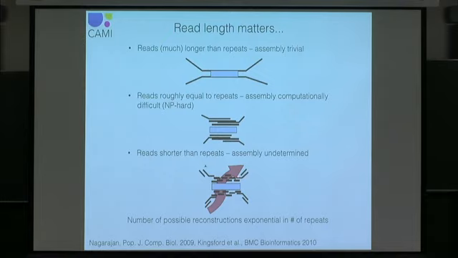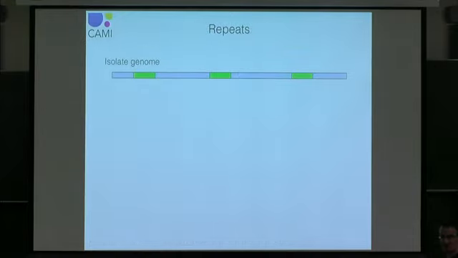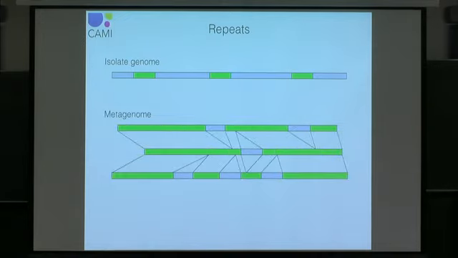But if you have really short reads, then it's a hard challenge to assemble these genomes, right? And when you look at a metagenome, you not only have very different isolated genomes, but you have strains in your metagenomes, closely related genomes, and then basically these different genomes look like large repeats to the assembler, right? And it's a particular challenge for the assembler.